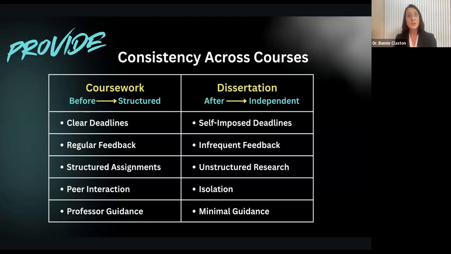So this unstructured research, especially for the proposal, is very difficult for doctoral candidates to grasp onto exactly what they're supposed to do. Again, they've never written a proposal before. And oftentimes they're doing this in isolation. Sometimes there are no discussion posts in the dissertation phase, and so they do feel somewhat isolated, and they're oftentimes given minimal guidance.